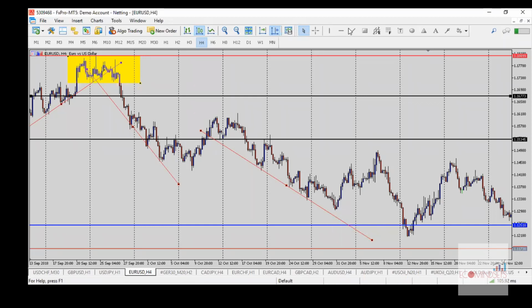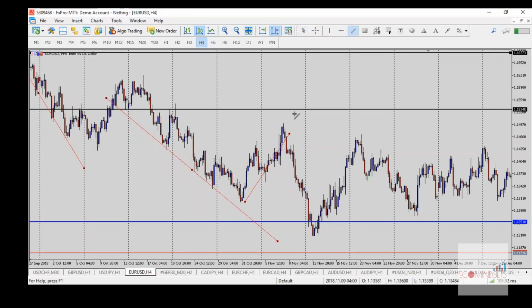Price formed another high, which is still lower than the previous high. So that is our new lower high. Price pushed down to form a new low, which is lower than the previous low. This is telling us that we are still in a downtrend.